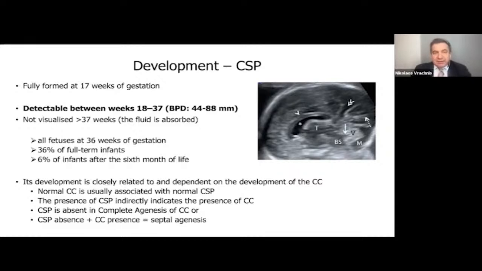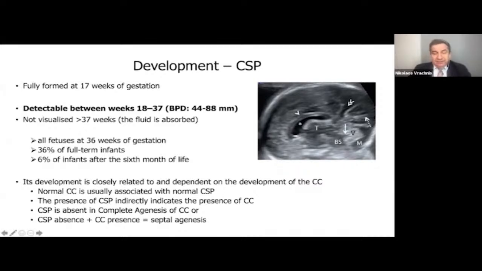It's just that the cerebrospinal fluid is absorbed, but it should be seen in all fetuses by 36 weeks of gestation. But then the statistics drop, as you can see here. But still, there are babies in whom the CSP, the cavum septum pellucidum, can be visualized after birth, but it is a very small percentage of fetuses.